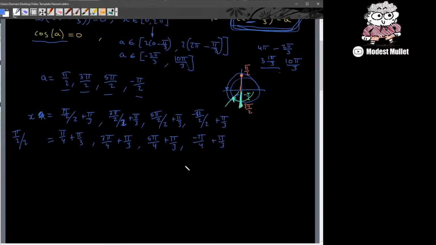Now to do these, we just need to make common denominators, so we're going to turn everything into a denominator of 12. So multiply by 3, so that's 3 pi, 4 pi, this multiplied by 3, so 9 pi on 12 plus 4 pi on 12, 15 pi on 12 plus 4 pi on 12, and then we get 4 pi on 12, and now we can finally add them.